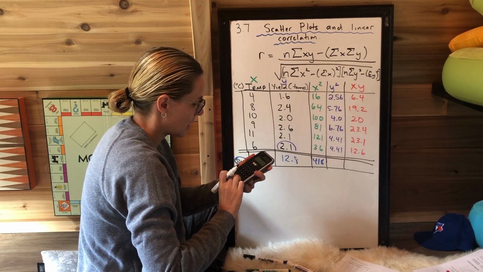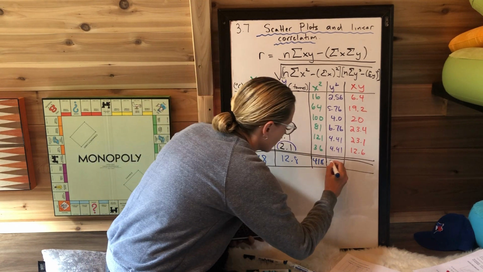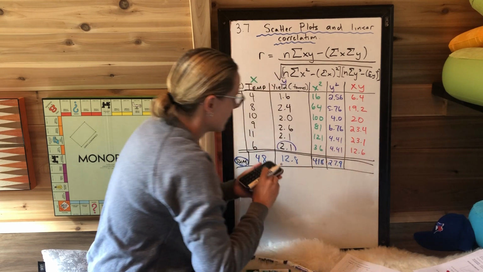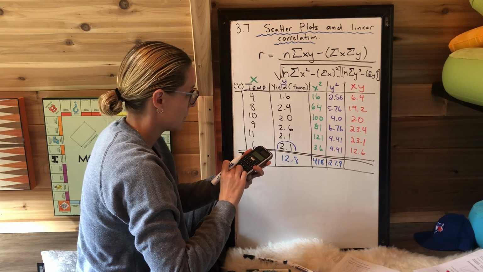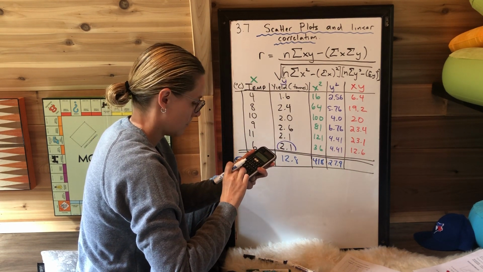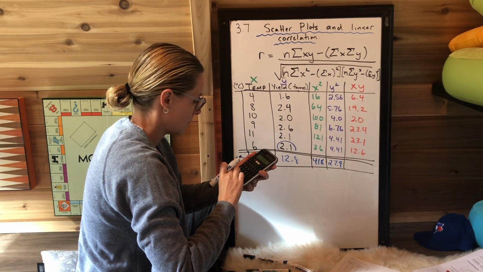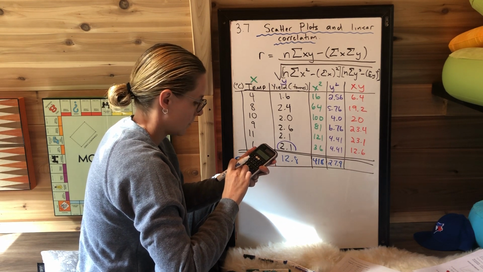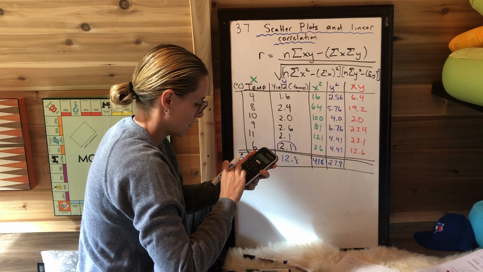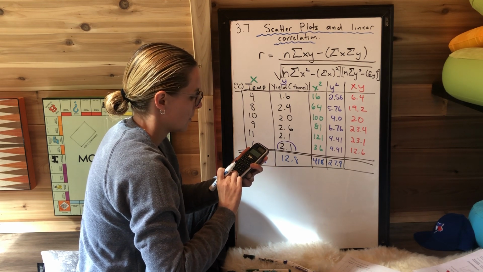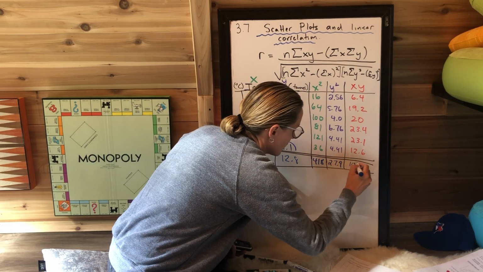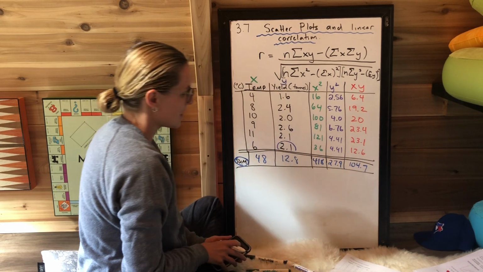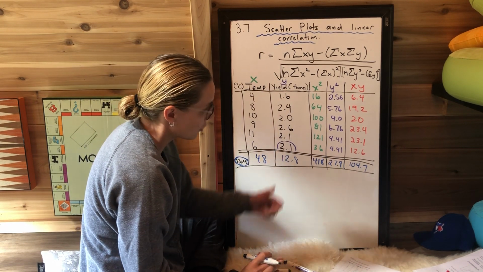And every single time you're just adding 4 numbers. Okay, and then my last column. So as long as I haven't made a mistake here, those are all the sums.